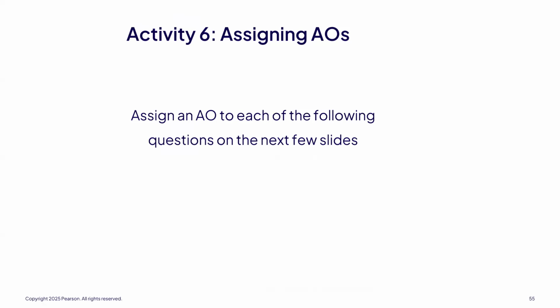Right, well, activity 6, we've got an opportunity for you to use your newfound knowledge with regard to the assessment objectives 1, 2A, 2B, and 3 to start to assign AOs. And again, I would strongly recommend that you make a note of the answers here because you may want to use these with your students.